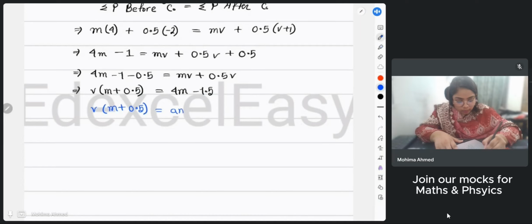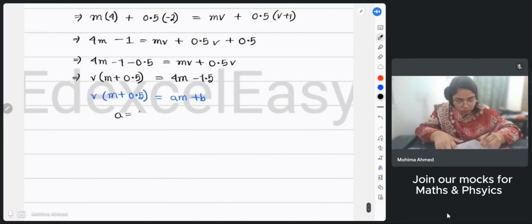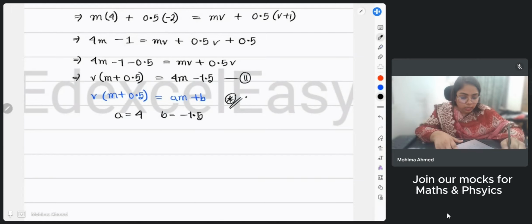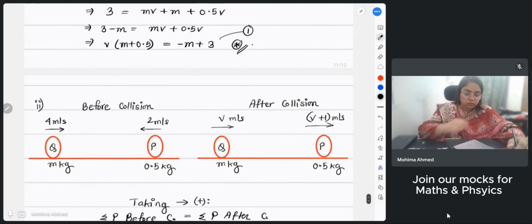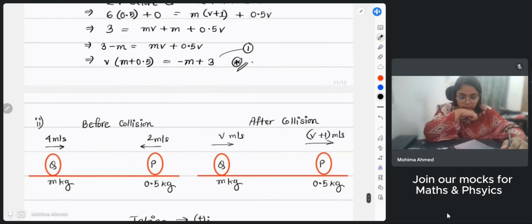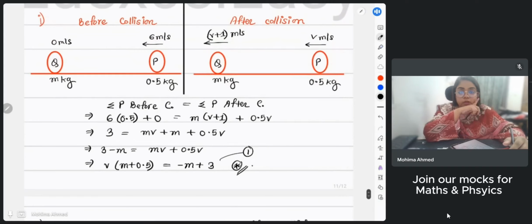Now you can clearly see that the value for a must be 4 and b must be negative 1.5. So this was it in the format. We have clearly shown this. This is your equation 2, and the previous one we calculated was your equation 1. Now, it says that using these two equations, you have to find the value for m as 0.9 and hence find out the value for v also.